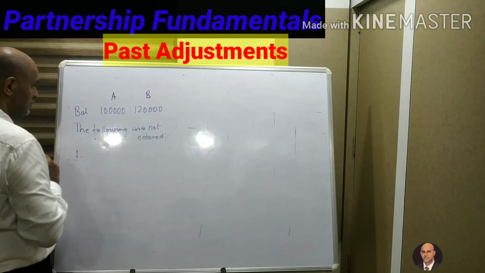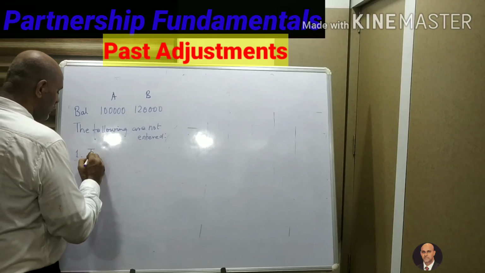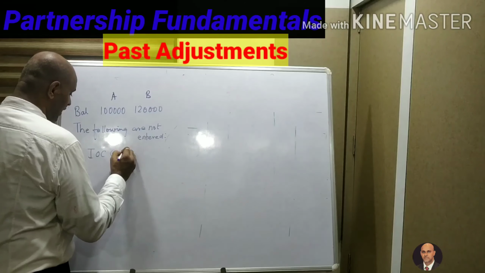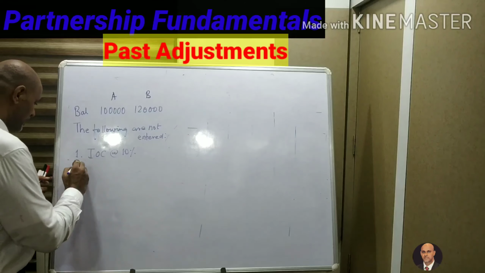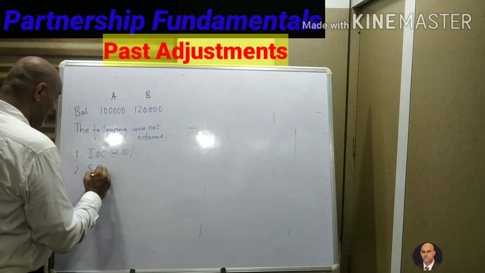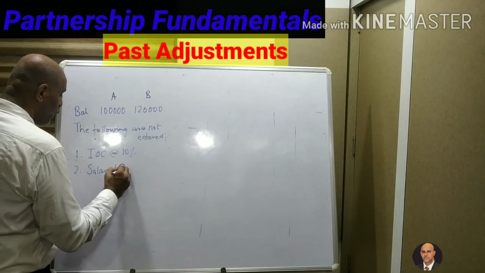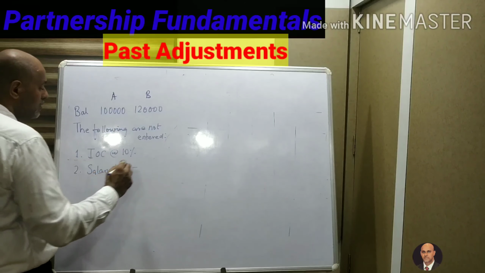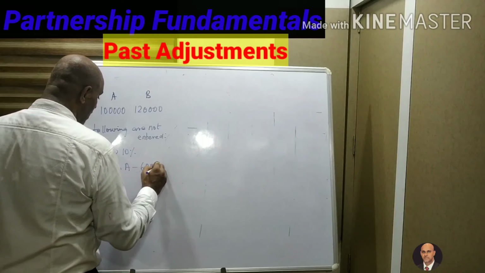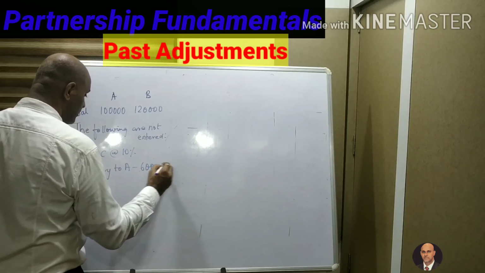Number 1, interest on capital at the rate of 10%, not entered. Second, salary to A 60,000 per annum.